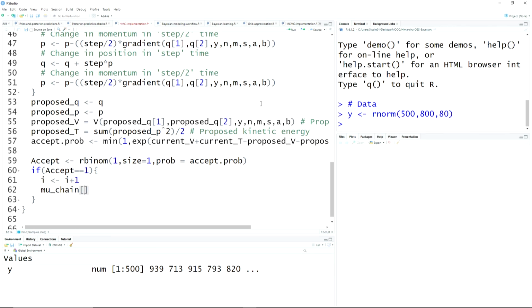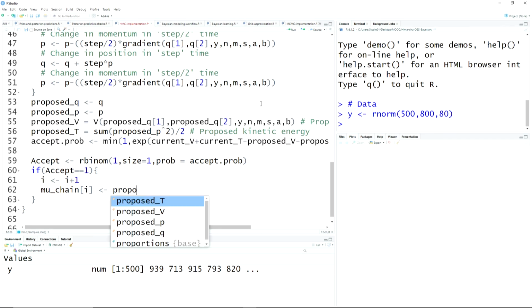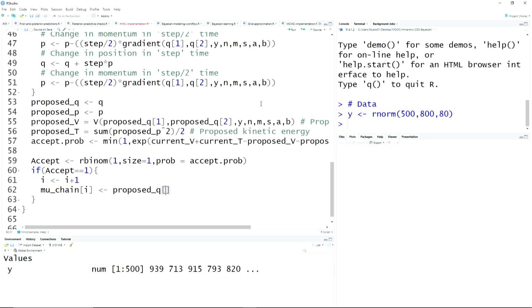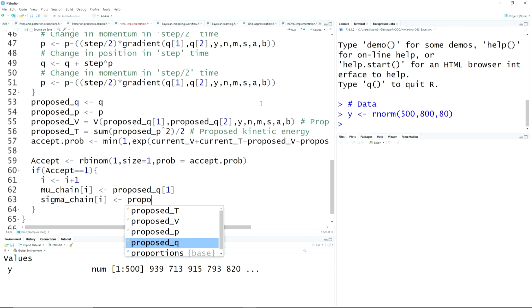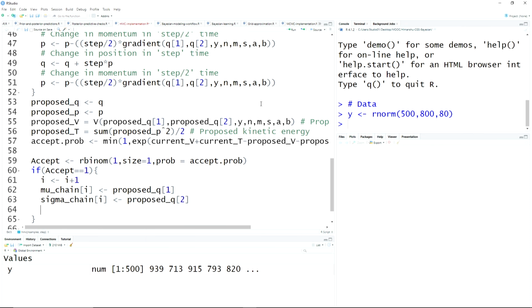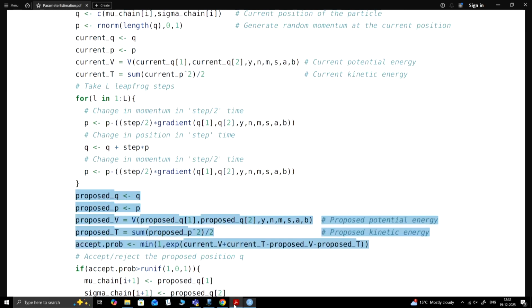So mu chain I becomes proposed Q1 and sigma chain I becomes proposed Q2, right? Else I won't update this, I will only update number of rejections. So this is the sampler.